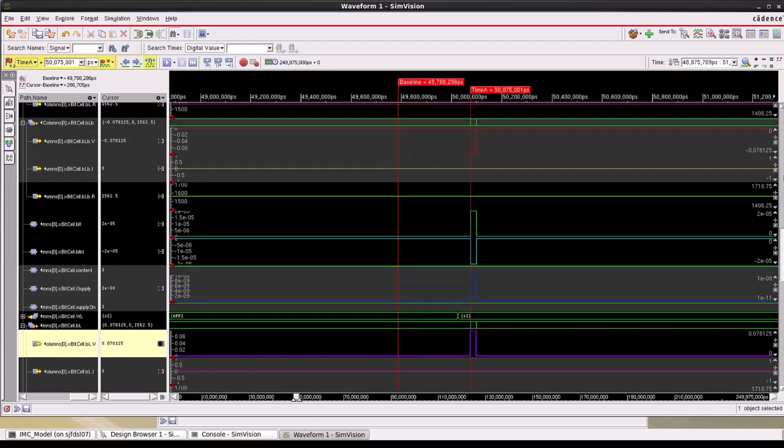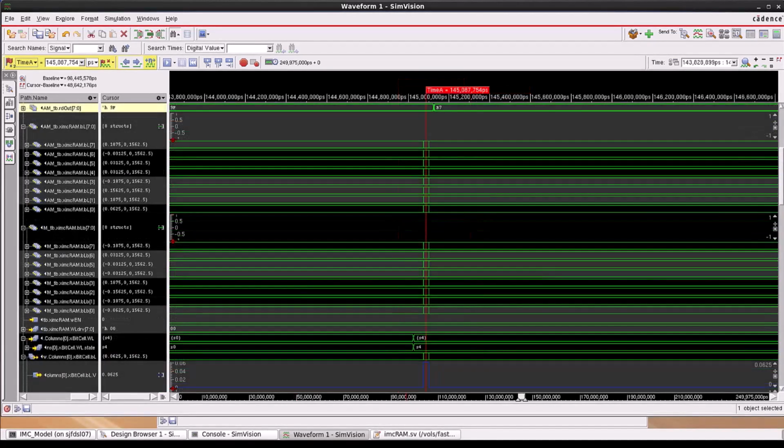And with all of the columns summed up like that, we can look at our output result. Essentially, what we're going to see here is that if BL for a given column is positive and BLB for a given column is negative, that's going to get sliced as a 1, and the opposite's going to get sliced as a 0.